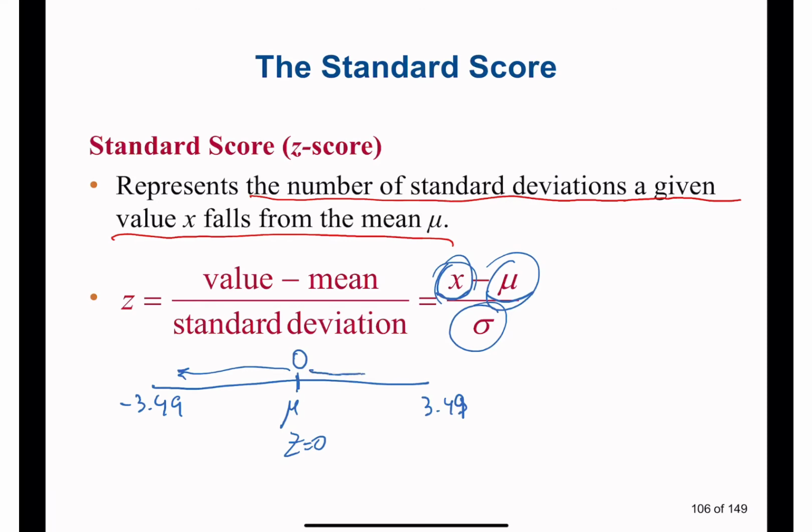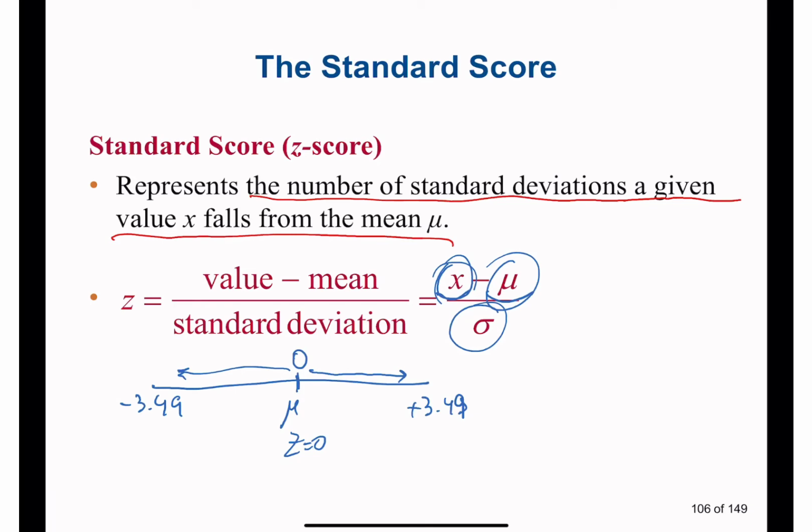Above the mean, above z-score equals 0, it's going to be a positive z-score, because we have positive 3.49 here. Why do we do that? Because standard deviation can be an enormously big value or an enormously small value, and its calculation is complicated.